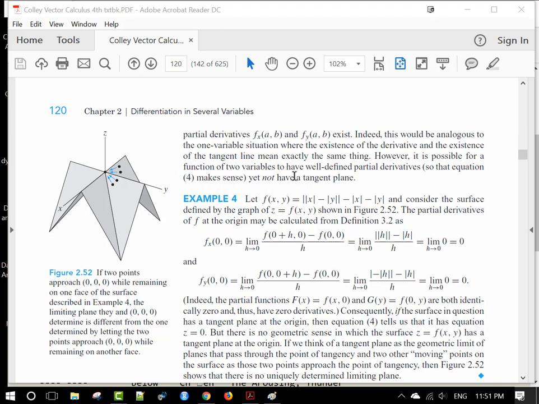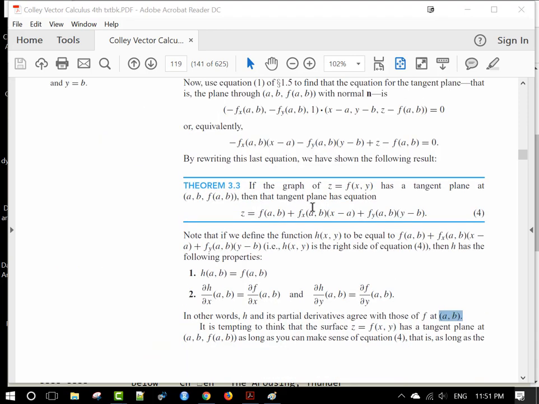But anyway, let's not get bogged down with that. Let's just say that this is the equation of the tangent plane if one exists, and if there is a tangent plane, then it has these two properties, 1 and 2.